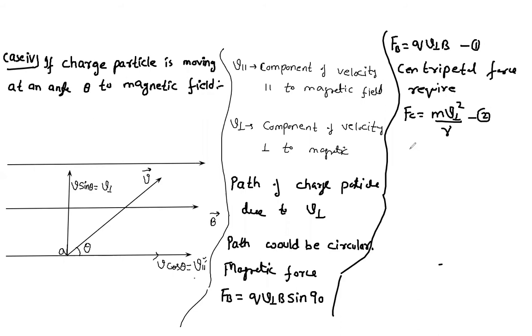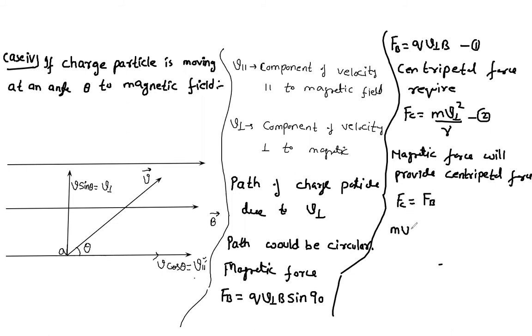Magnetic force will provide the centripetal force. So you can write that the centripetal force m v perpendicular square by r is equal to the magnetic force.